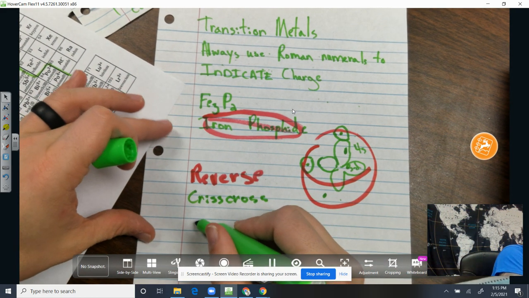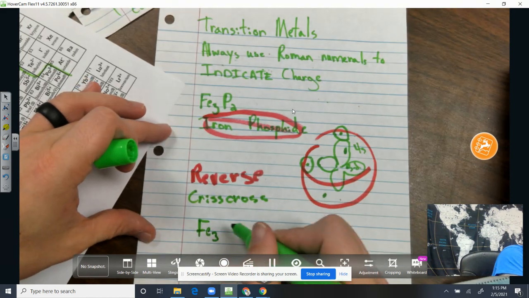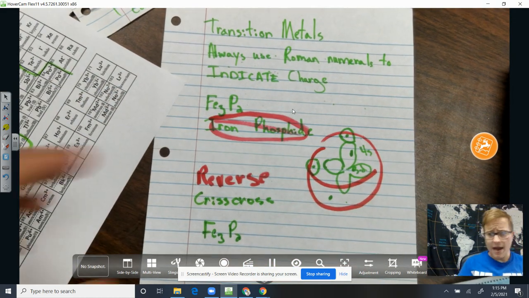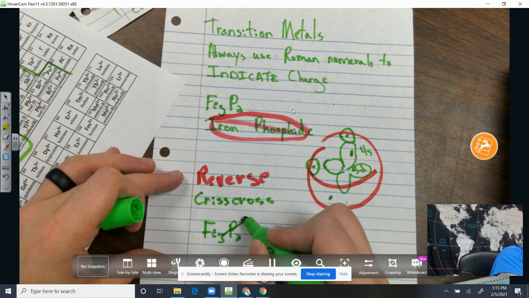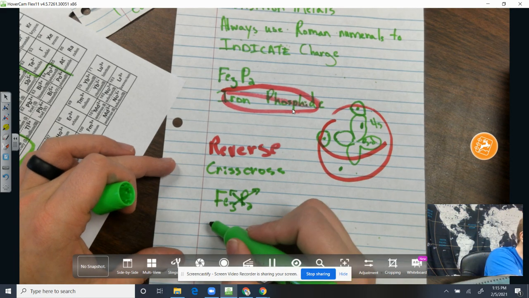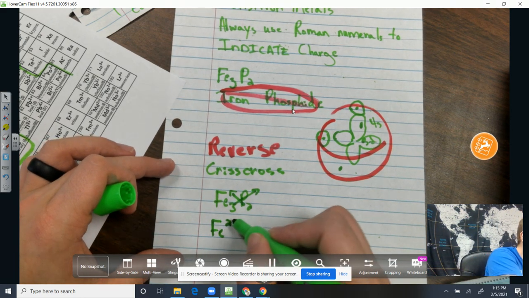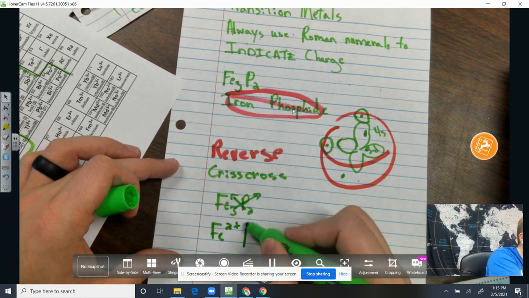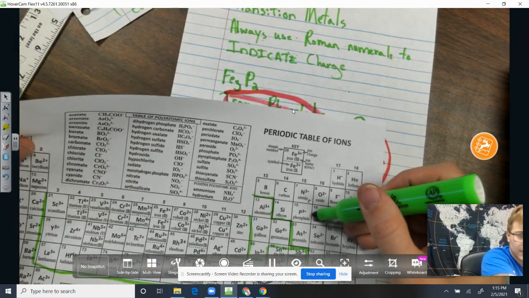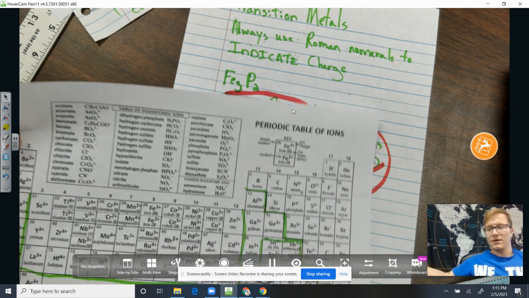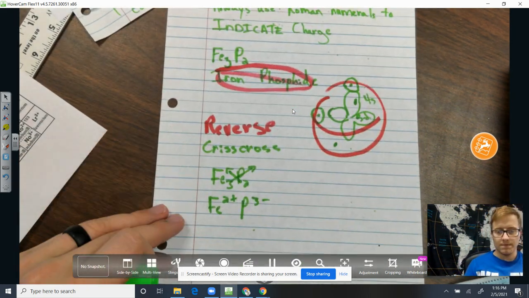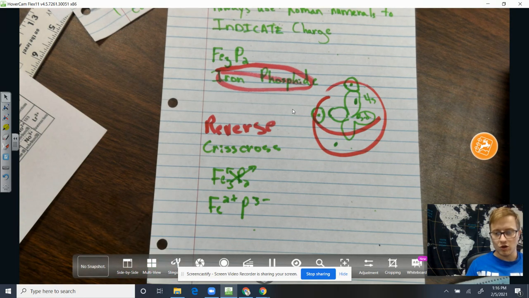So we have Fe3P2. To find the charge, just go backwards. Boop, boop. So we know that iron's charge is 2+. And we know phosphorus' charge is 3-. And we can check that real quick. Does phosphorus have a 3- charge? Oh, it worked. So we know that iron is going to have a 2+ charge.